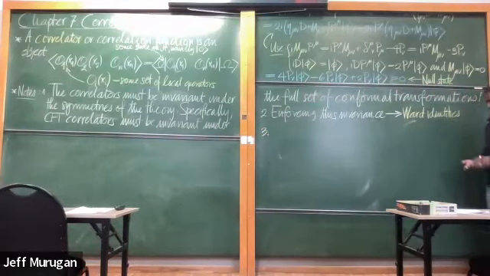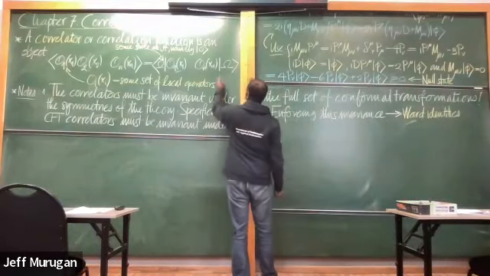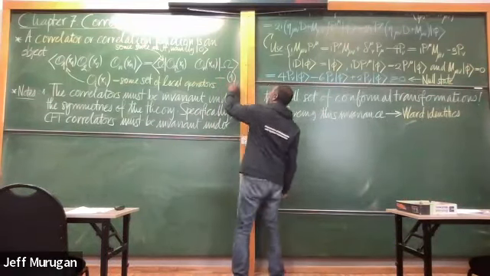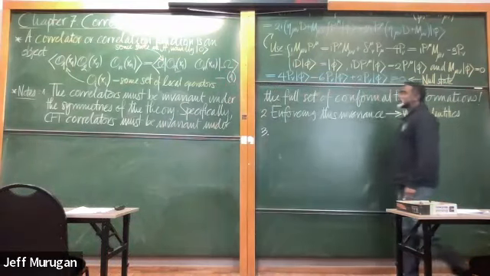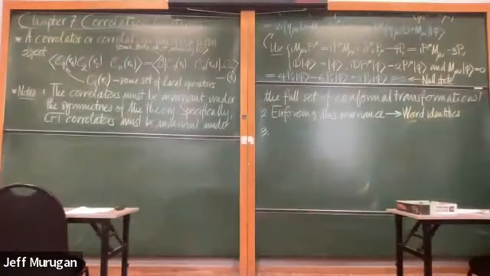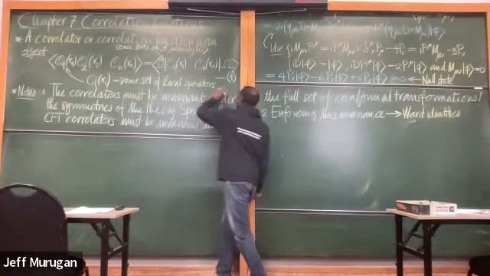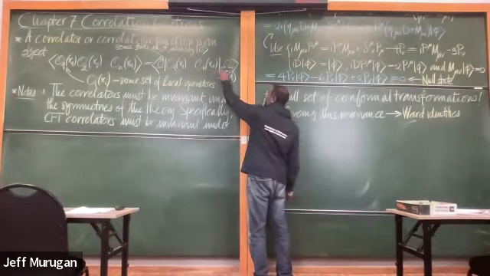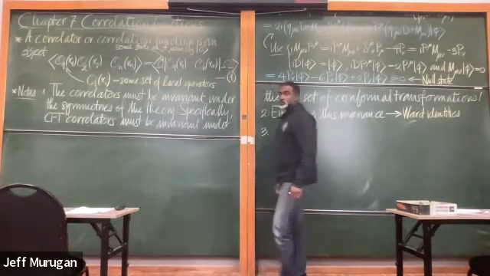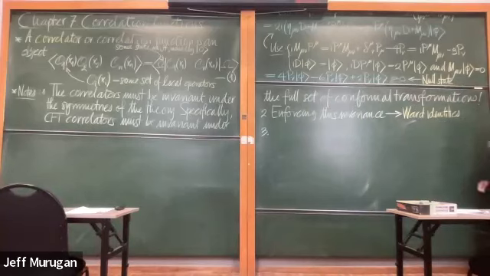So if you go back to what I said there, in order to compute this average on the left-hand side, I need to know the action of these operators on the state that I'm choosing to evaluate the product on. And I said, by and large, we're going to be choosing the vacuum state.